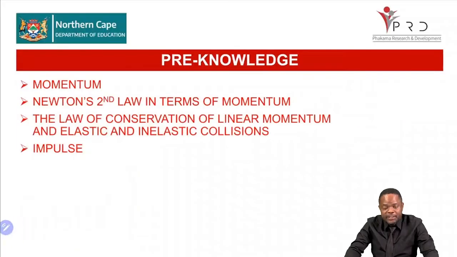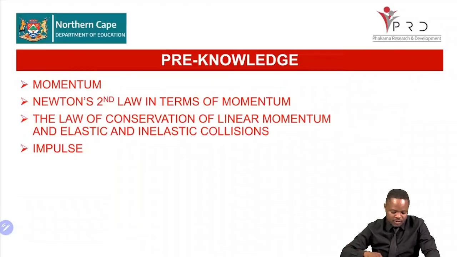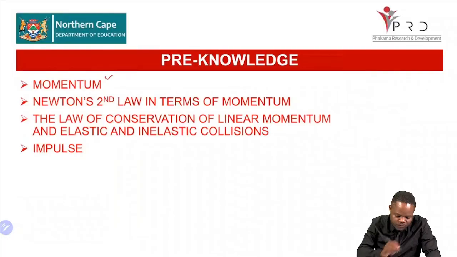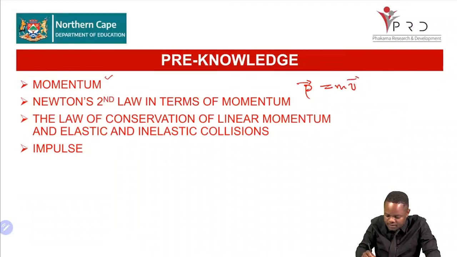Our pre-knowledge covers the whole section on momentum and impulse. Remember, our section can be divided into 4 parts. The first part is momentum. Momentum, P, which is a vector quantity, is equal to mass times the velocity of an object.